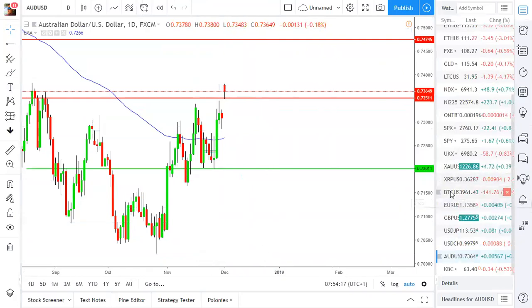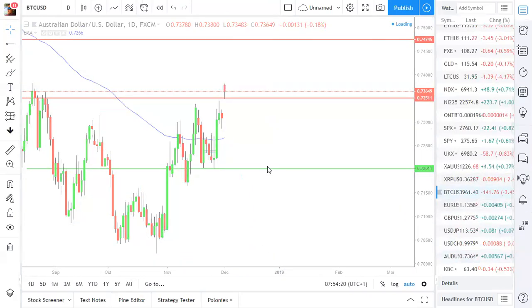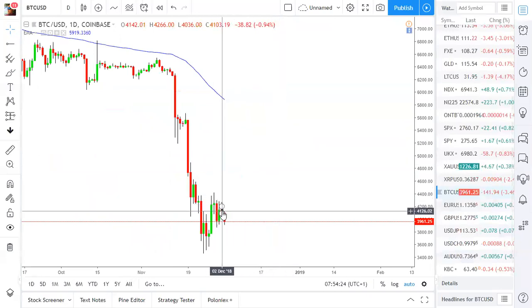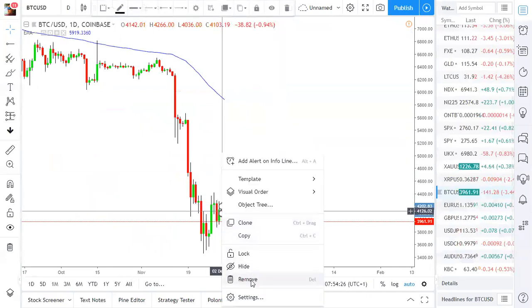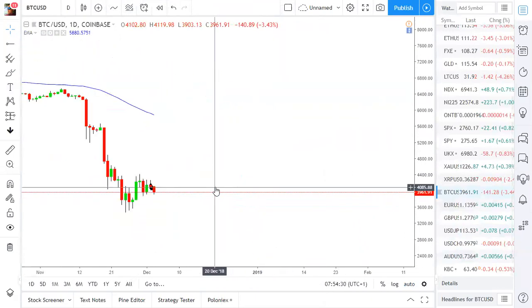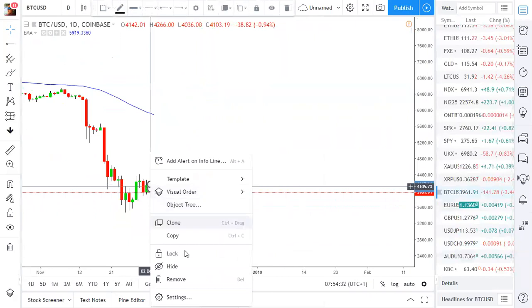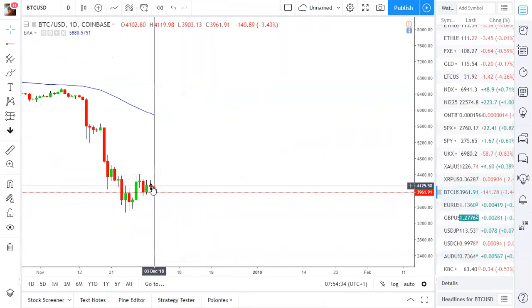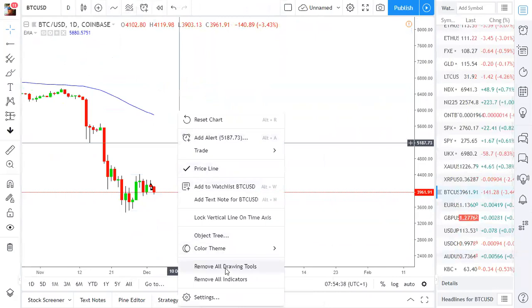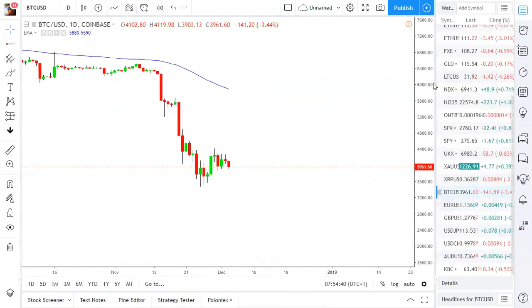Okay. And then as a bonus, I'm just going to be looking at some crypto. I'll be looking at BTC USD, Bitcoin versus the dollar, and just giving you guys a prediction on what I think is going to happen. Let's just remove all drawing tools from this one.